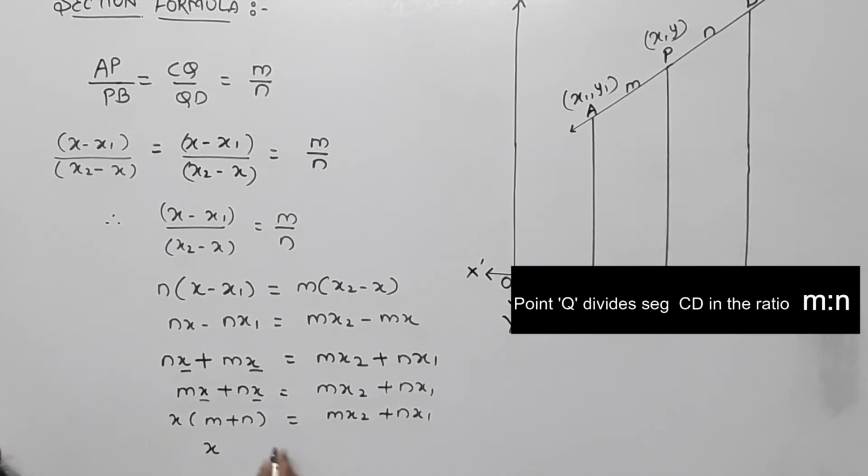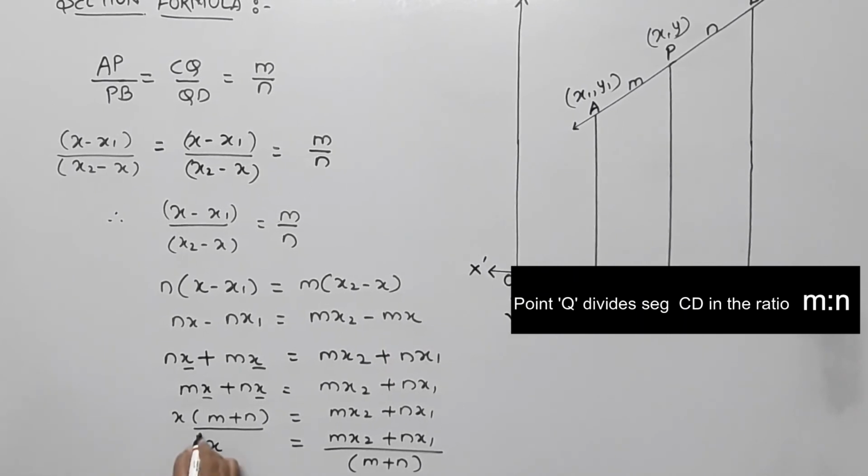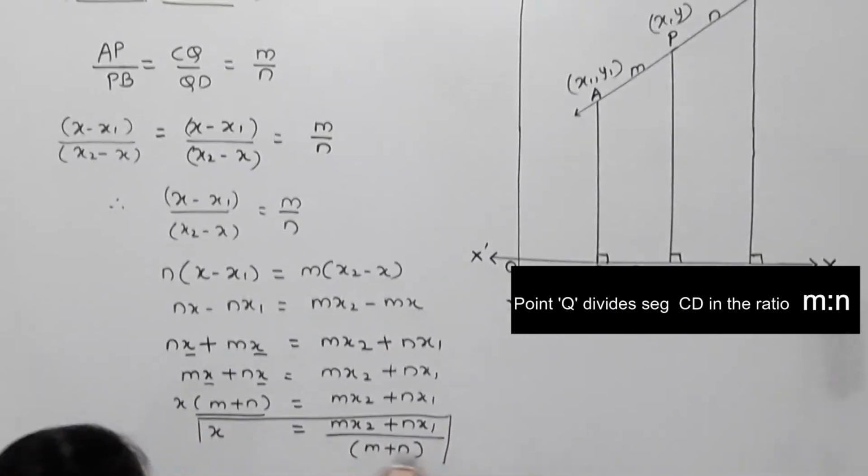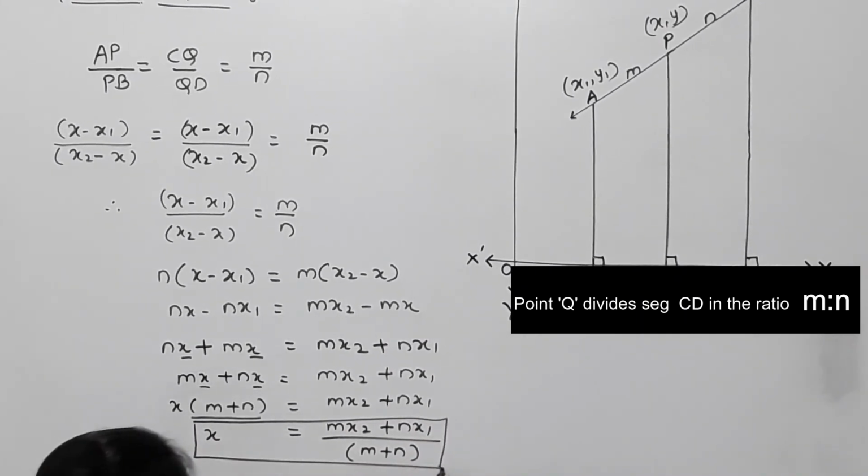So x will be equal to, taking m plus n to the denominator on the other side, mx2 plus nx1 upon m plus n. So we'll get the value of x like this, and this is the section formula for internal division for x.